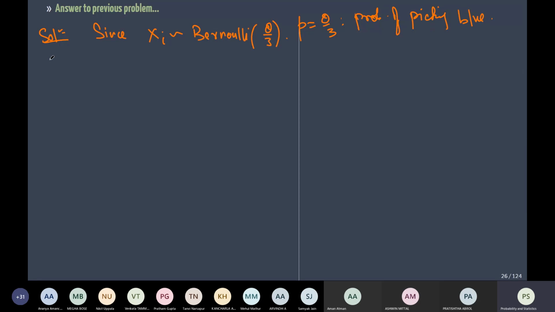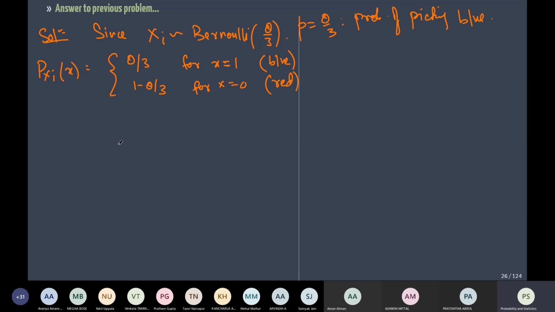Since it is Bernoulli, we know the PMF. Since this is discrete, we talk about PMF. It is theta by 3 for x equals 1, and 1 minus theta by 3 for x equals 0. Remember, x equal to 1 encodes blue and x equal to 0 encodes the red ball. This is just encoding.